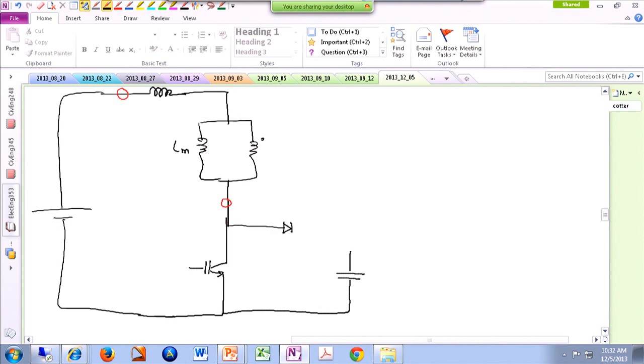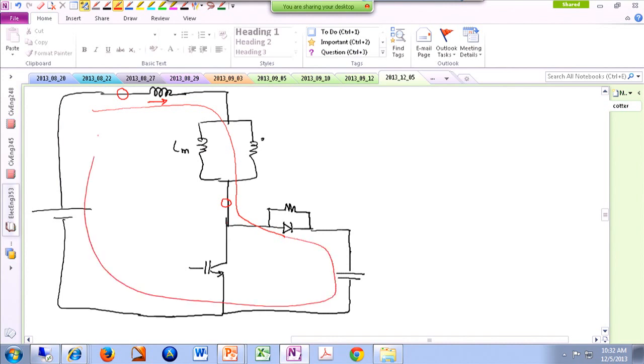You add a diode over here and a resistor. Now what happens is when you open up the switch, this energy that we have over here is going to get released. It's going to push this diode to turn on, and it's going to get this cap charged.